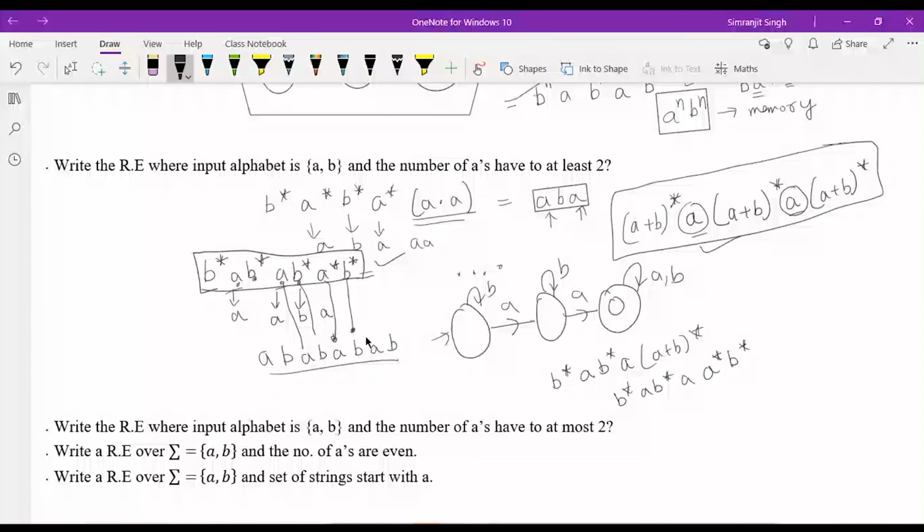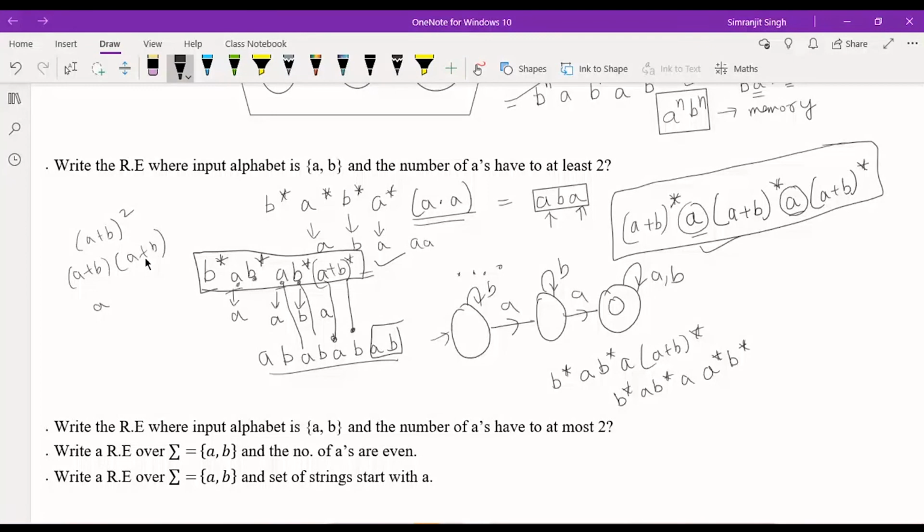So it will only be possible if I write A plus B star. If you remember, that works like this: A plus B star raised to power 2 will work like A plus B followed by A plus B. Now if you are ending at B, you can again get an A and a B from here.